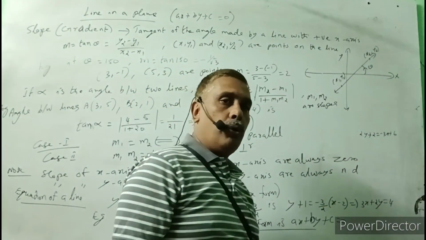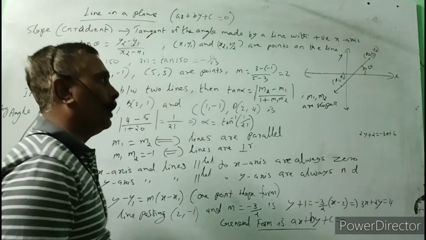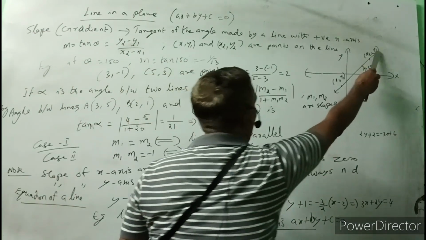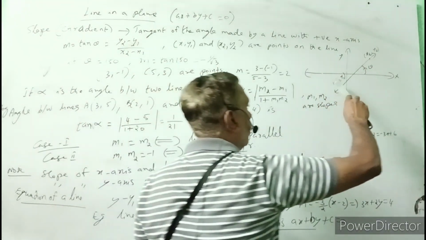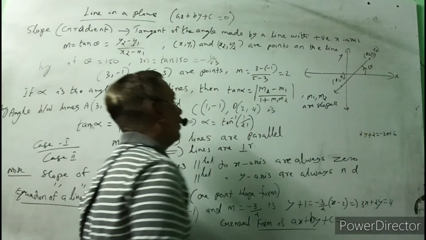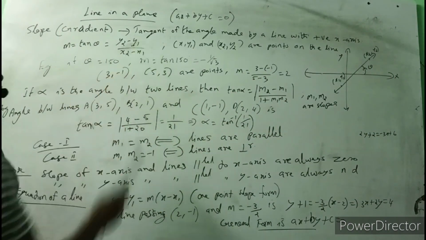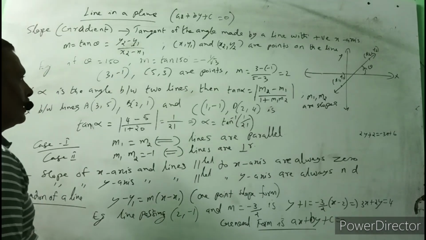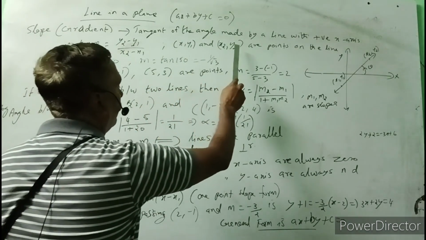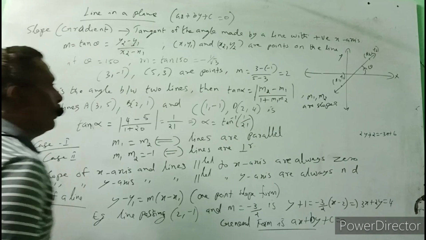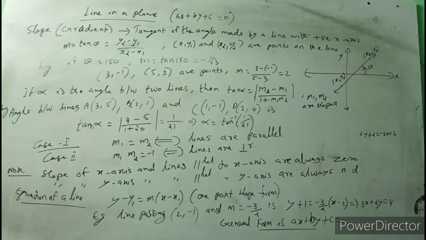Difference between y coordinates upon difference between x coordinates. But the order must be same. You may take from here to here or here to here, not a problem. So this is the formula m equal to tan theta, that is y2 minus y1 upon x2 minus x1, where x1 y1 and x2 y2 are the points on the line.